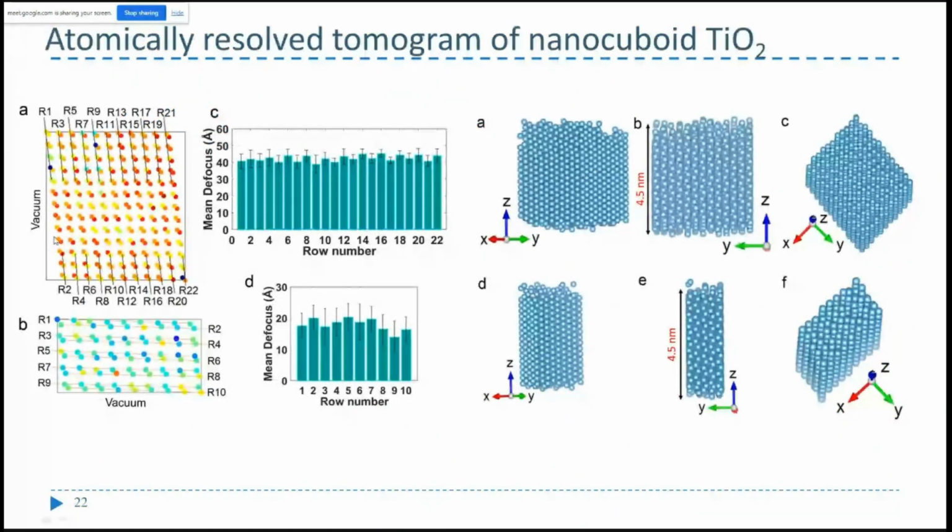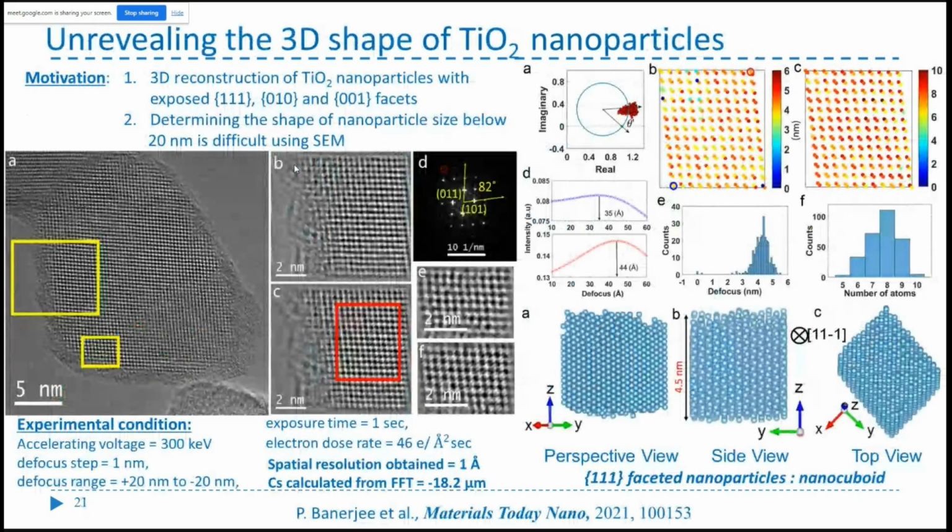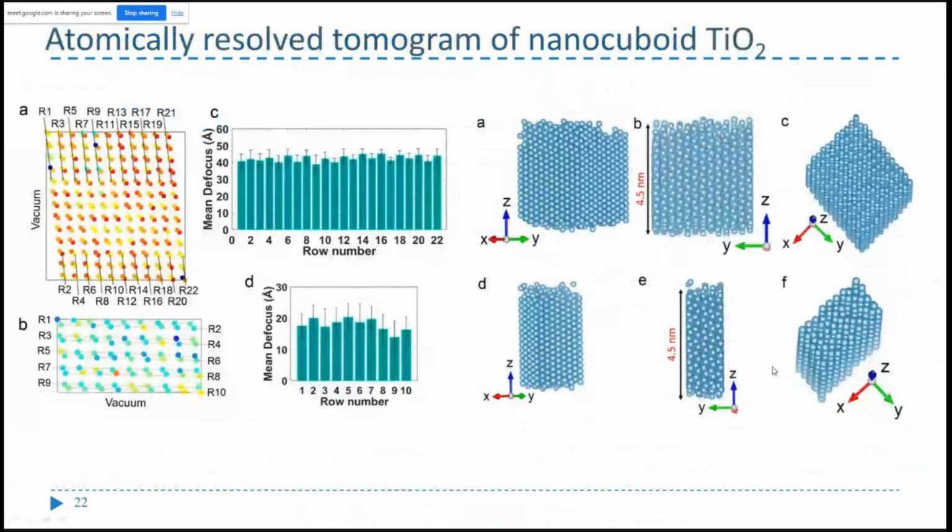So each of the atomic columns in one layer should have the same thickness, and then the second layer R2, then R3, R4, and we took the average value and standard deviation, which is going up and down, like this one. We substituted it with this average value, and this is the 3D structure for that.